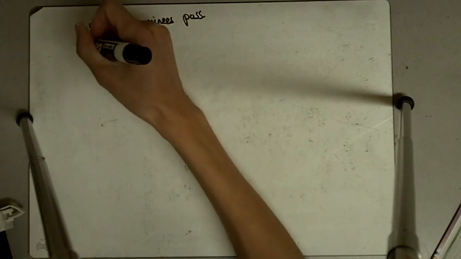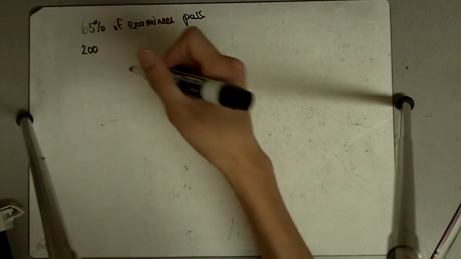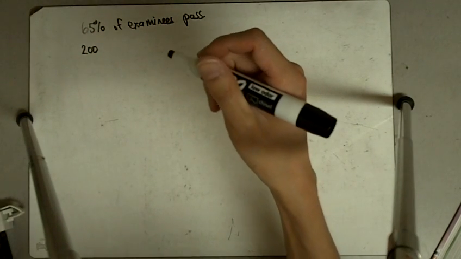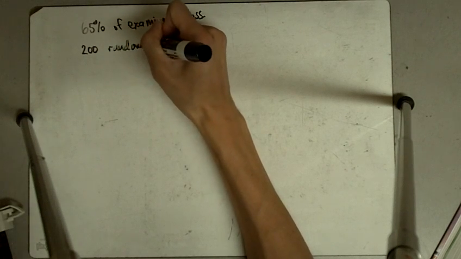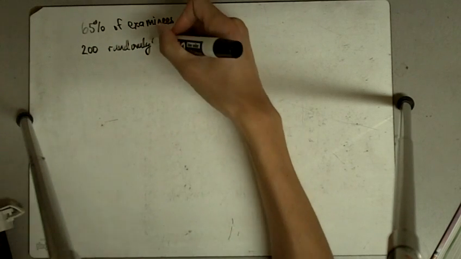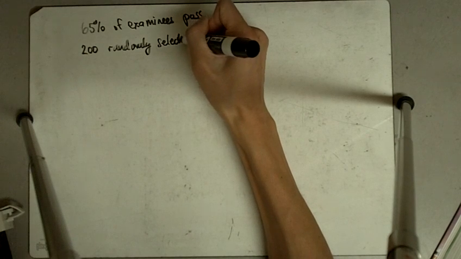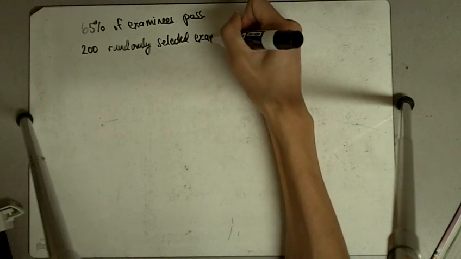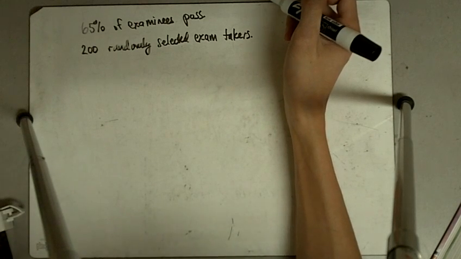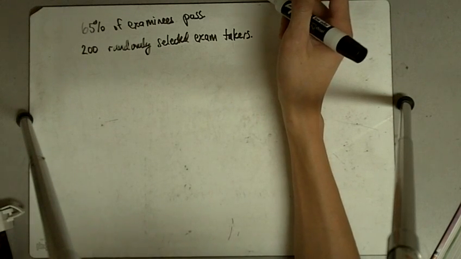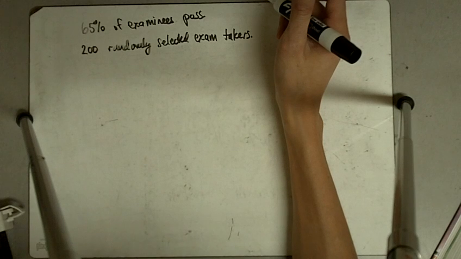Here we're going to look at 200 randomly selected exam takers, and find the probability that at least 67% will pass.